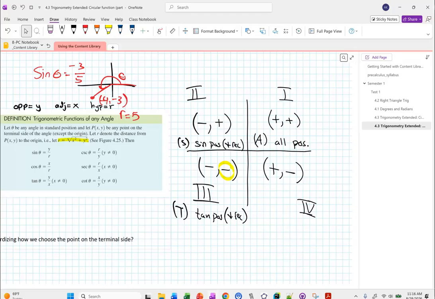Cosine is positive, because the x coordinate is positive and r is always positive. Tangent is negative. Y is negative, but x is positive. So here I'm going to write a C, which means cosine is positive and its reciprocal.